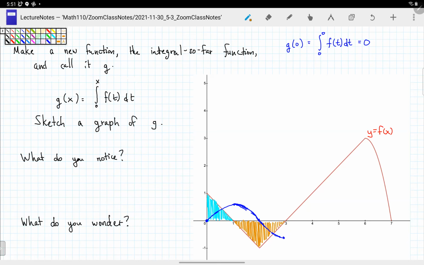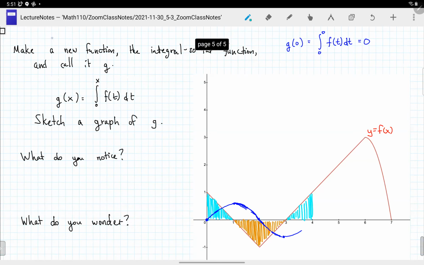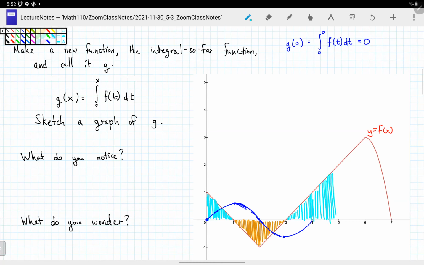And now I'm going to start adding positive area again. So my g is going to start increasing. And it continues increasing. Remember when we got to 4, g of 4 became 0 again, because I had the same amount of area below the x-axis as I had above the x-axis. And now the integral is going to continue increasing, and it's going to get steeper because I'm adding more area with every little bit.